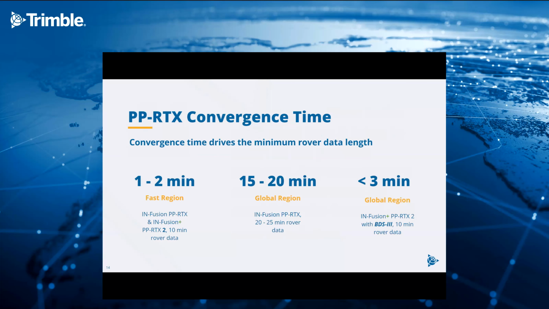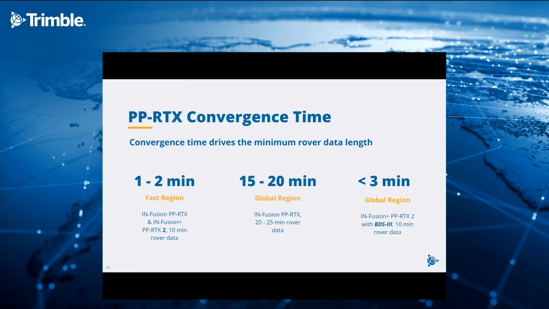So here we have the convergence time and the resulting minimum rover data length for post-processing purposes. If you are in the fast region and you process in Ion Fusion PP-RTX or Ion Fusion plus PP-RTX2, the convergence time is around 1 to 2 minutes.